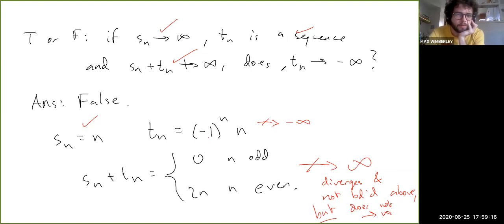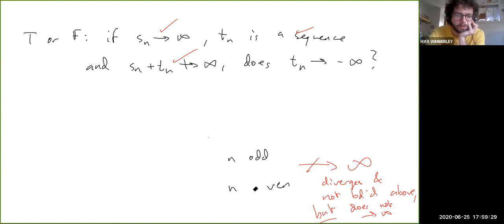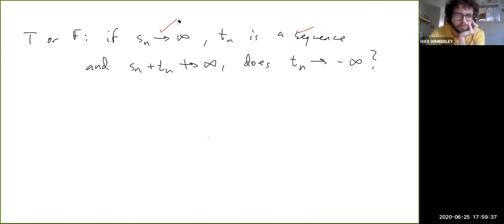For example, what if we change the statement, instead of this, to be like bounded or something, or like Sn plus Tn converges, or Sn plus Tn is, let's say, unbounded below.